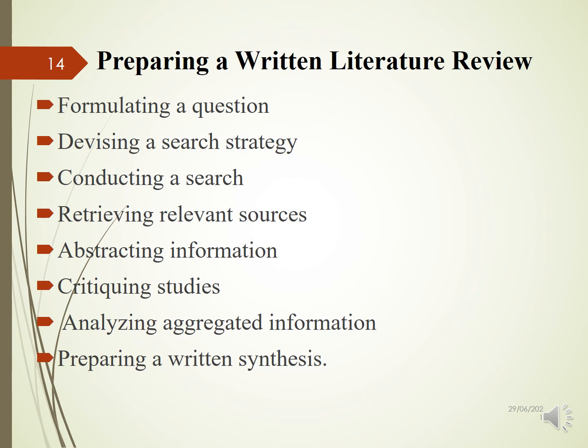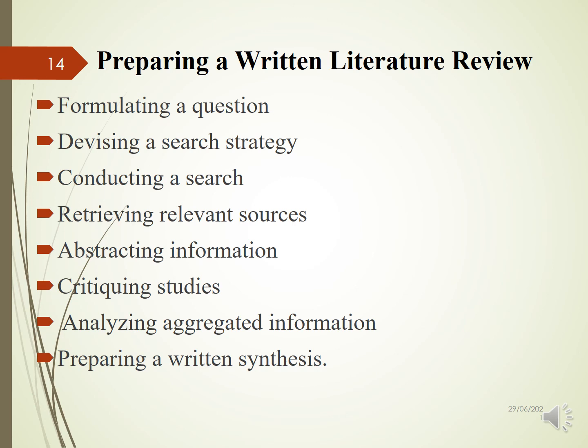So now if you want to prepare a written literature review, what are you going to do? First of all, you need to formulate a question. Then you devise a search strategy. Thirdly, you need to conduct the search. Then you retrieve relevant sources.